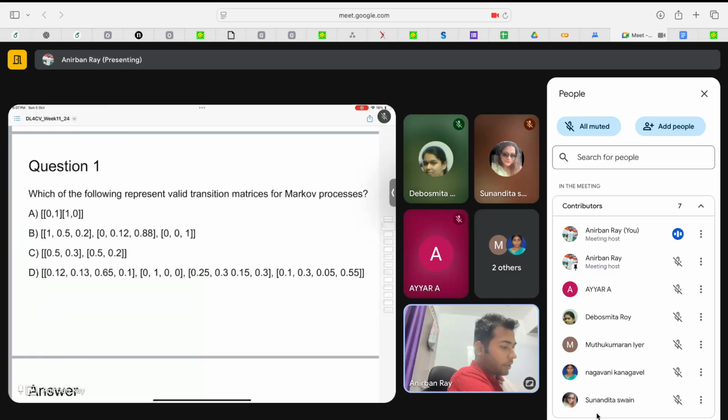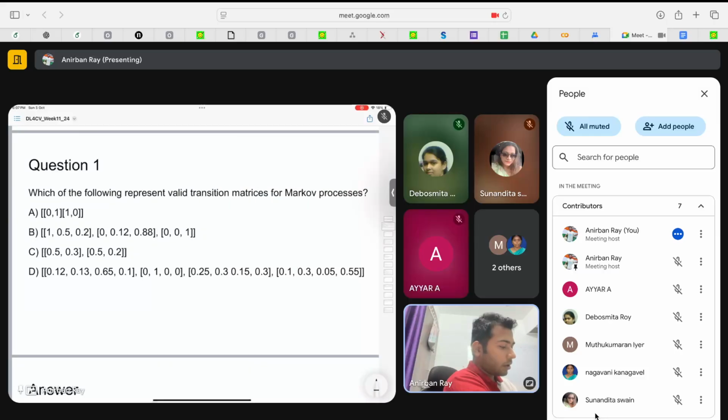Okay, so what is a valid transition matrix, they ask. So what do we have to do here? Not able to write.